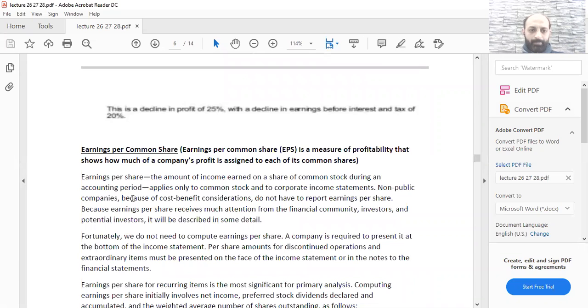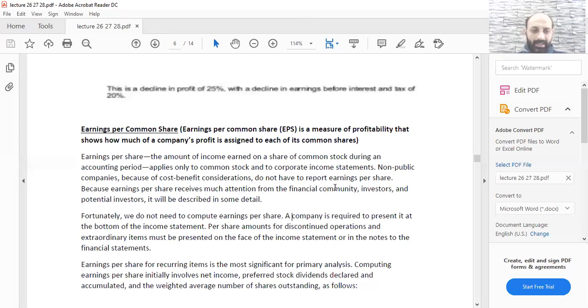It applies only to common stock and to corporate income statements. Non-public companies, because of cost benefit considerations, do not have to report earnings per share. Because earnings per share receives much attention from the financial community, investors and potential investors, it will be described in some detail.